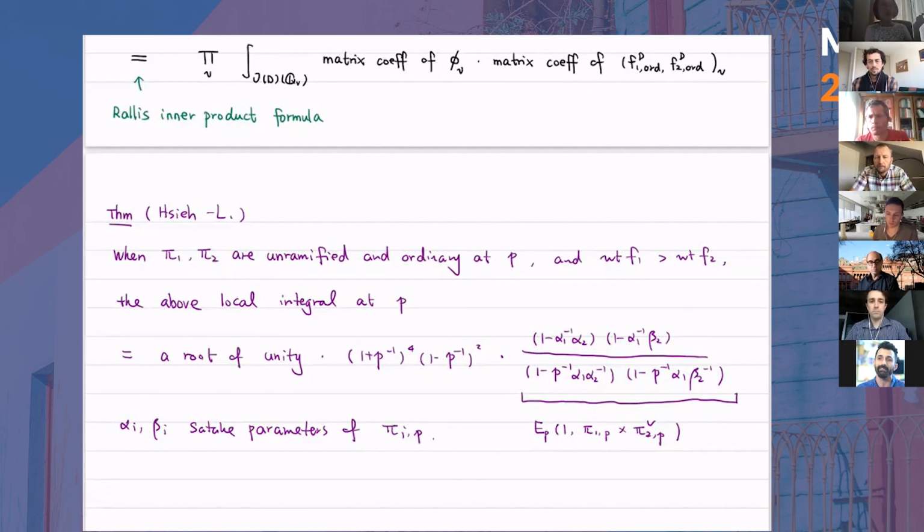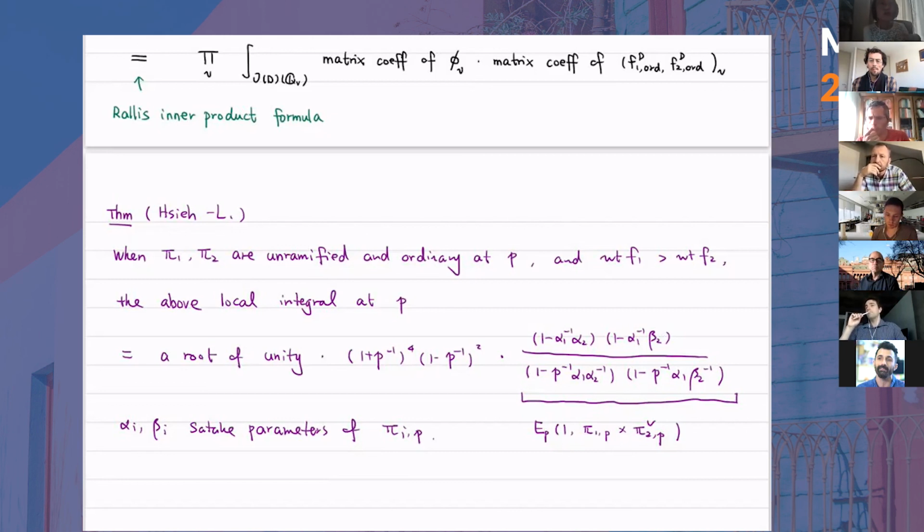Then the Petersson norm will show up in the denominator, and the denominator is what you expect to give you the congruence, because when you spectrally decompose a form, if it's congruent to something, then that will show up in the denominator. Therefore, we still need to control the numerator.